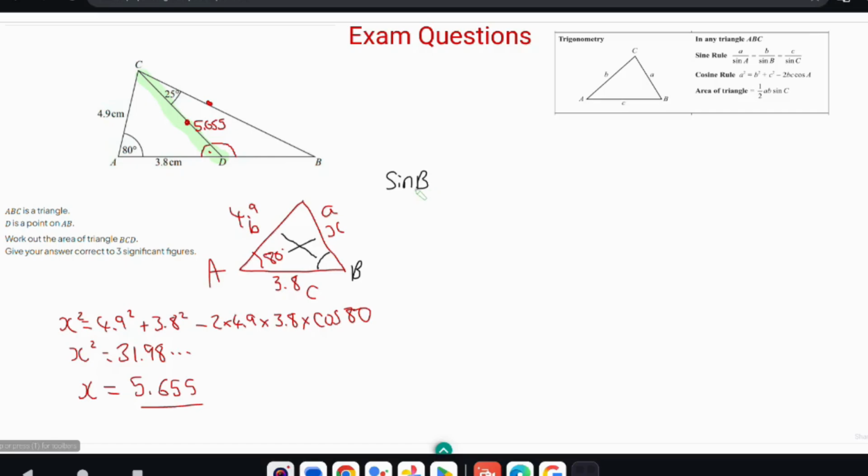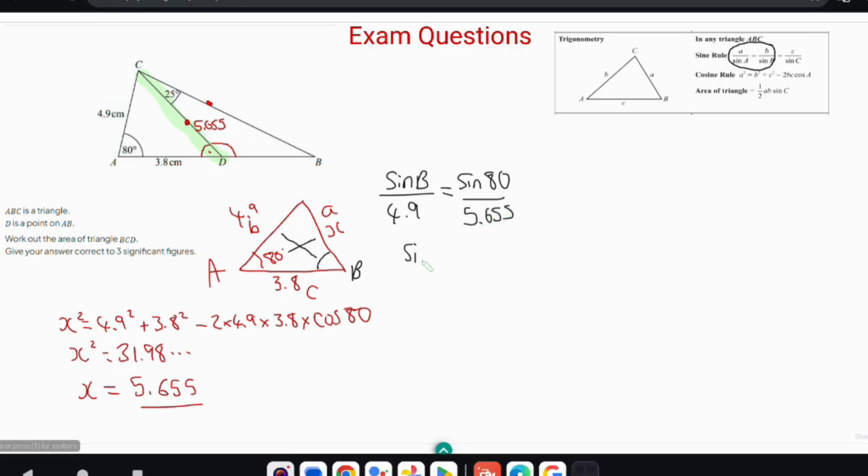So sine B over 4.9 equals sine A over 5.655.